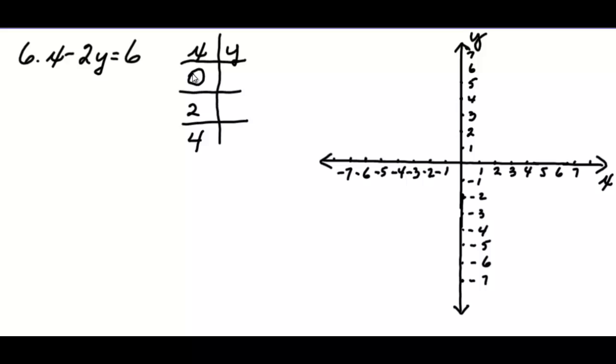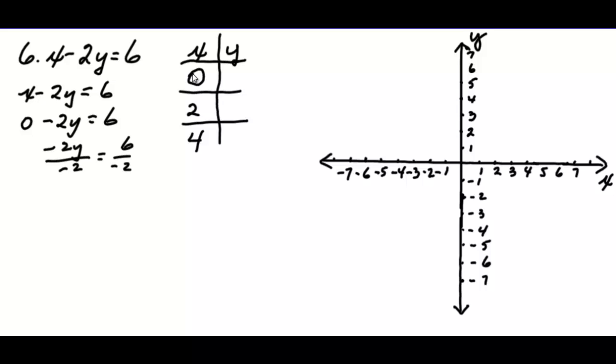In the first case, where we have x minus 2y equals 6, when we put a 0 in there, we get negative 2y equals 6, and dividing both sides by negative 2, we get 6 over negative 2, or y equals negative 3.